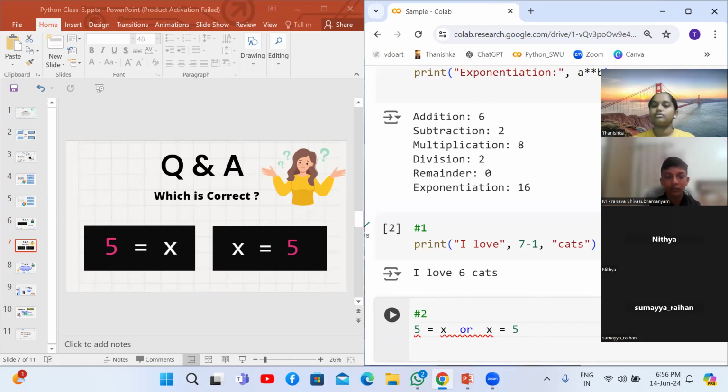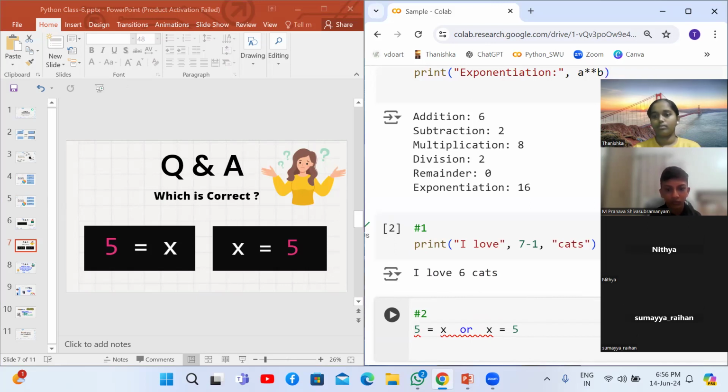Instead of this, you can use x equals 5. Using this, you'll get the proper answer. I hope everybody understood why we got this answer.